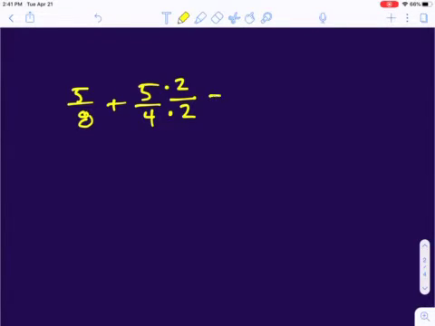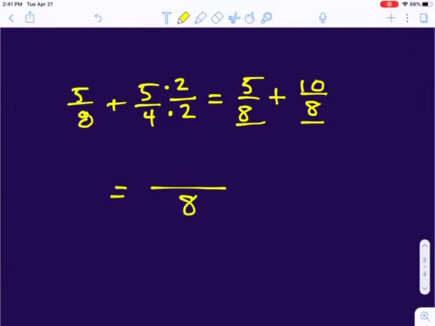Then plus 5 times 2 is 10, and 4 times 2 is 8. So these are now both the same. I can add this up, and it's all over 8. Then you just add the numerators together, 5 plus 10, and this becomes 15/8.